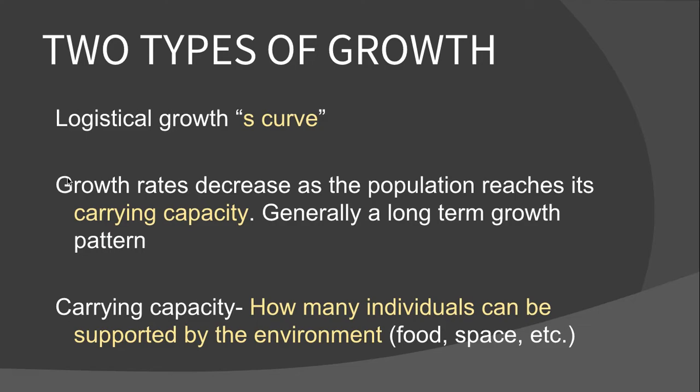It's how many individuals, so how many people or things that the environment can support or hold. So some factors that are going to affect your carrying capacity, things like food, how much food is there, how much space is there for people to live, how much water is there, things like that.